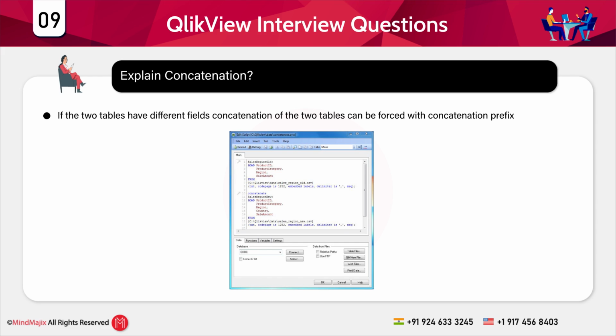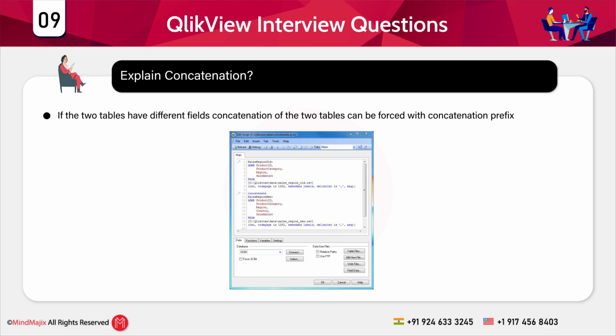By default they will be concatenated. So if table A has fields 1, 2, 3 and table B has the same fields 1, 2, 3, then when the tables are loaded into memory, they need not be joined. They will be automatically concatenated.